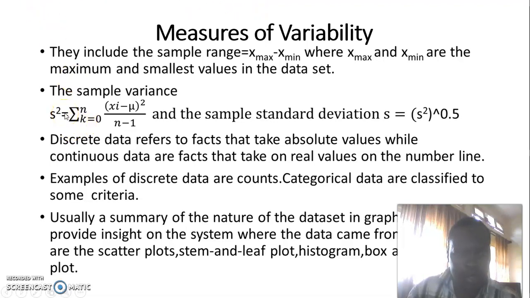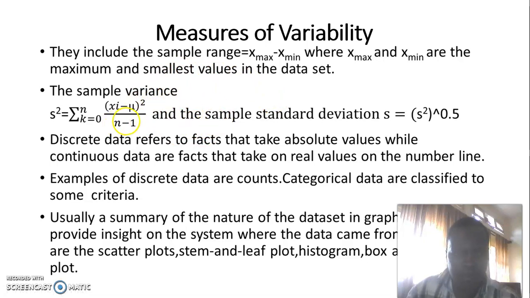The variance is defined by the sum of the squared differences between the observations and the mean, divided by the number of observations minus 1, whereas the standard deviation is defined by the square root of the what? Of the variance. So we can use the range or the variance or the standard deviation to measure variability.